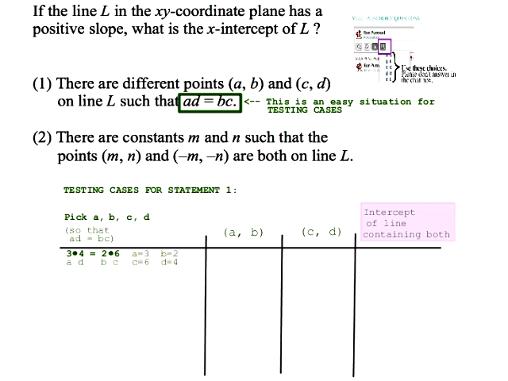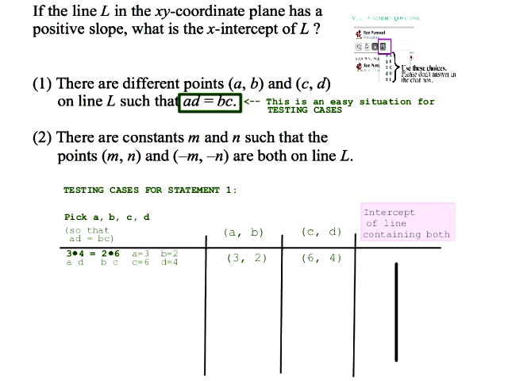Don't do it. Okay, so the point AB with those numbers is 3, 2, and the point CD is 6, 4. You might recognize that 6, 4 is just twice as much as 3, 2. The point is that you should notice that those numbers are multiples of each other.